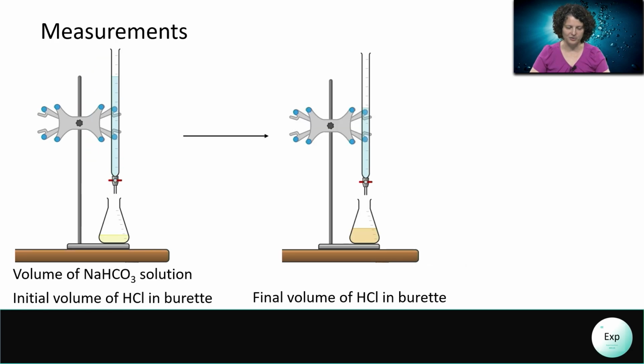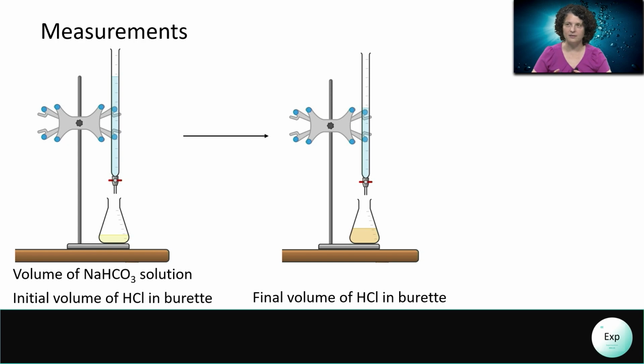To perform the titration, we're going to place our sodium bicarbonate solution and a few drops of methyl red indicator into the Erlenmeyer flask on the bottom, and we're going to charge our burette with hydrochloric acid. Before we do anything, we will record the volume of the sodium bicarbonate solution that we placed inside the Erlenmeyer, and we're going to have the initial volume reading on the burette for the hydrochloric acid.